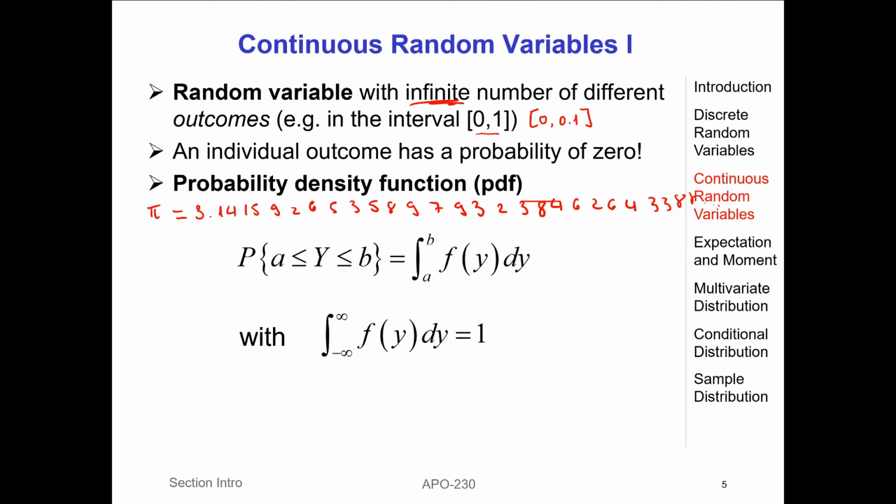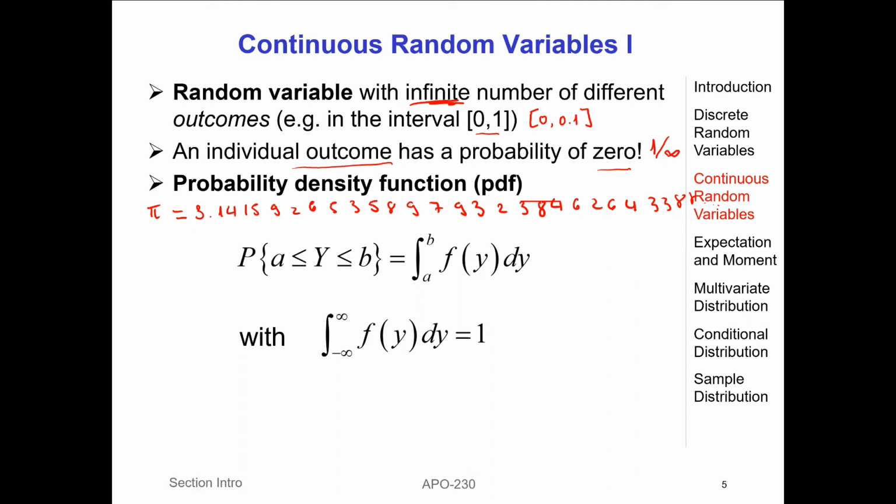And because of these infinitely many possible outcomes, the specific probability of each outcome is 0, because you only have a total probability of 1 for all outcomes, divided by an infinite number of outcomes, right?